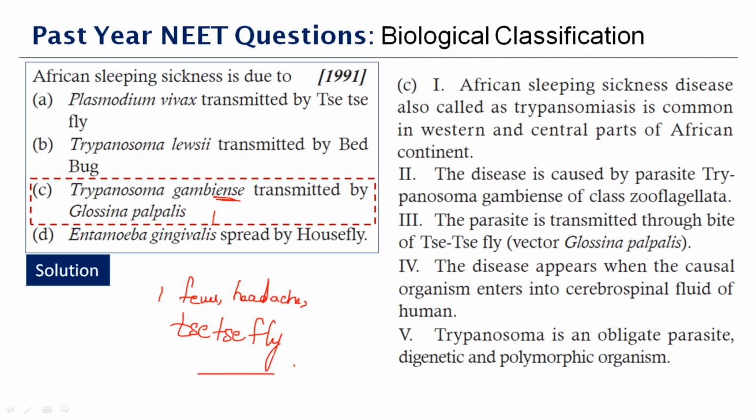You have different serotypes which come under the same genus, Trypanosoma, which causes this. You have gambiense here. Apart from that, you also have brucei. The disease appears when the causal organism enters into the cerebrospinal fluid of the human, and that is why the nervous system is affected and the person seems to be very lazy and also really doesn't know what is happening around him. Therefore, the correct answer is option C.